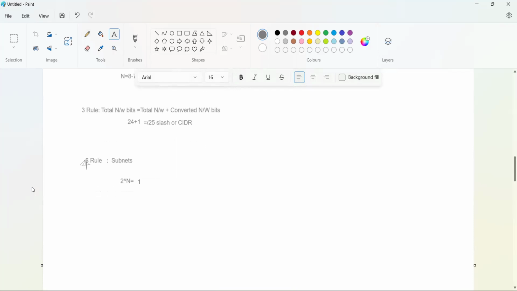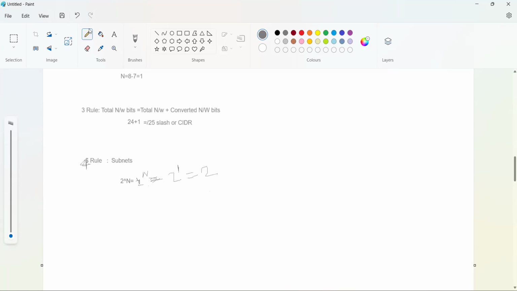2 to the power of n is equal to 2 to the power of 1, which is 2.